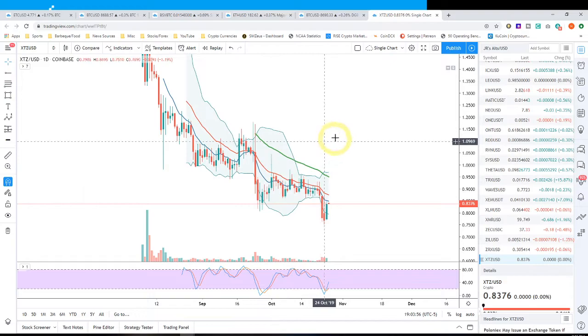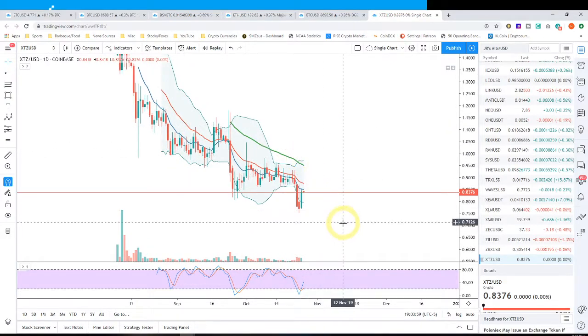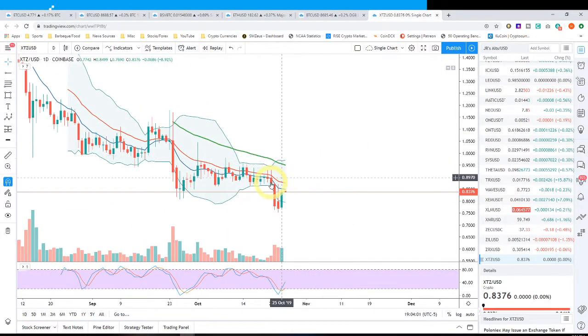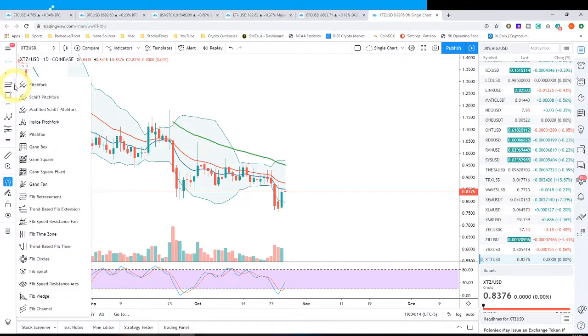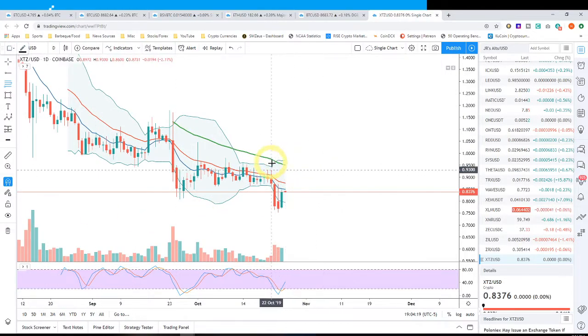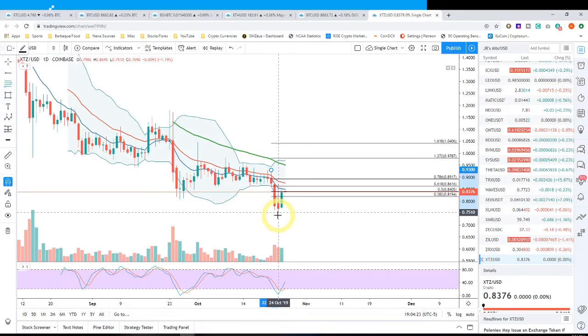All right. Let's see if there's any fibs that line up. I'm going to show you guys fib clusters, right? I'm going to do this live. And this is a chart that I haven't seen before, so I'm going to just show you what I look at and how I do it. Okay? So watch. I'm going to take a fib cluster from this low to this high, or that high to this low.